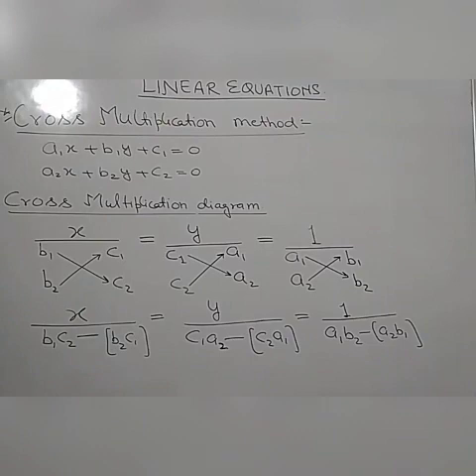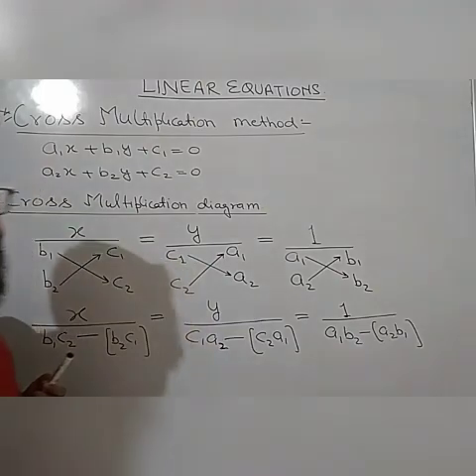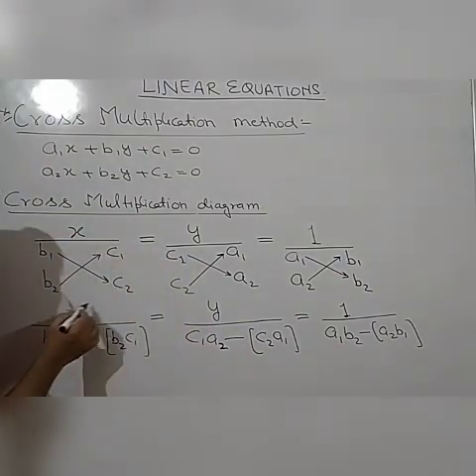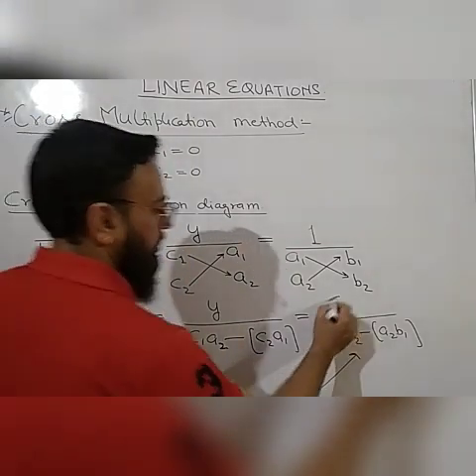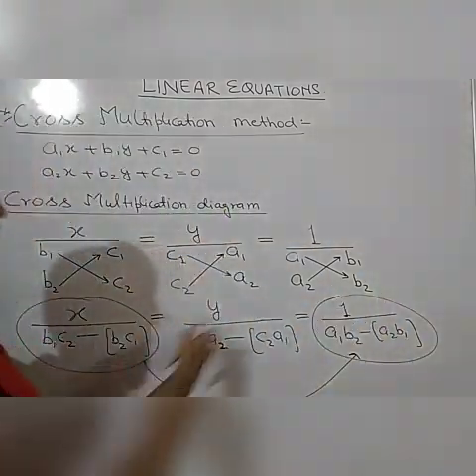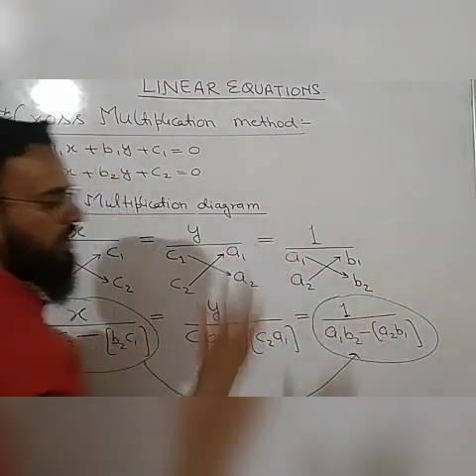Now what will we do? We will equate the coefficients, because x upon this whole term is equal to y upon this whole term is equal to 1 upon this constant term. So we can put the x term equal to this constant term.